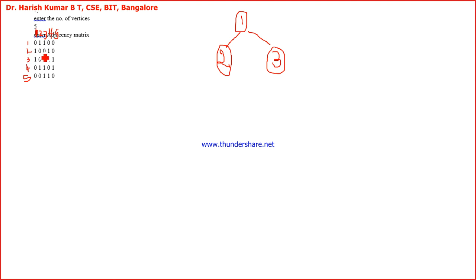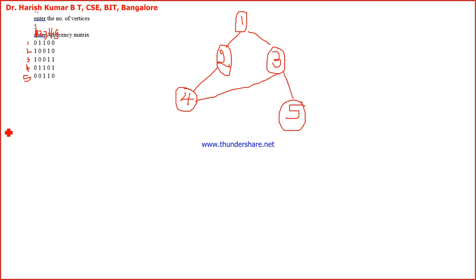And then 2 to 2, no, and 2 to 3 is also not there. 2 to 4, one path is there, so 4 is the adjacent node to 2. And then 3 to 1, it's already there. And 3 to 4, it is marked as 1, so from 3 to 4 you should have a path, and 3 to 5, so 5 is also an adjacent node to 3.